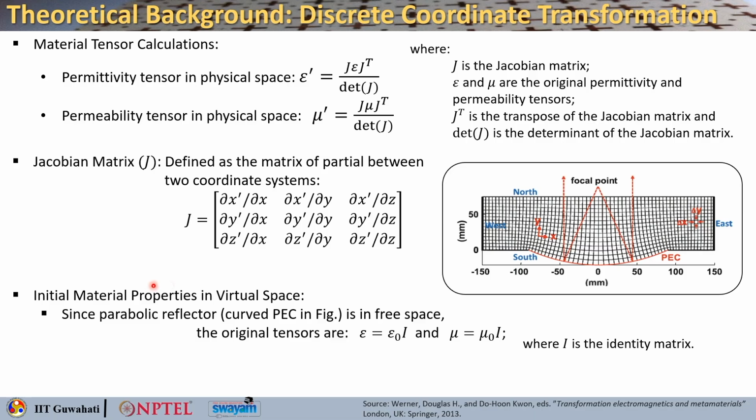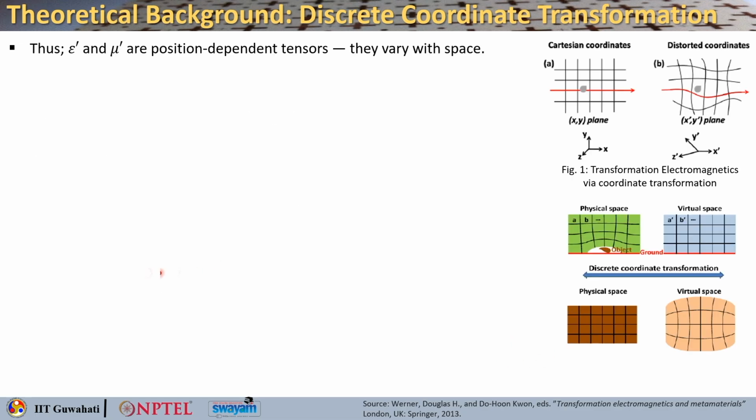What you can see is that the initial material properties in the virtual space can be obtained for this kind of parabolic reflector. Because it is a simple parabolic reflector, which is nothing but a curved PEC kept in free space, the original tensors can be taken as epsilon equals epsilon naught I, and mu equals mu naught I, where I is the identity matrix.